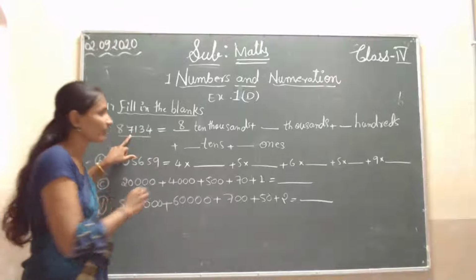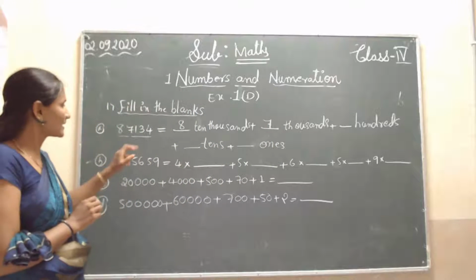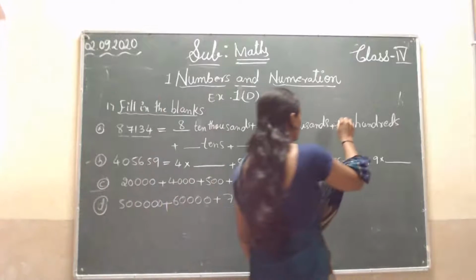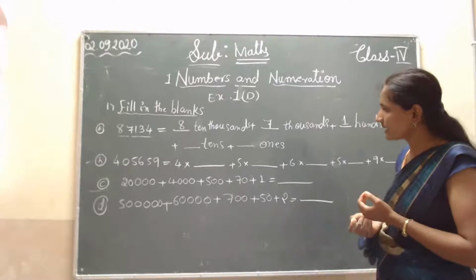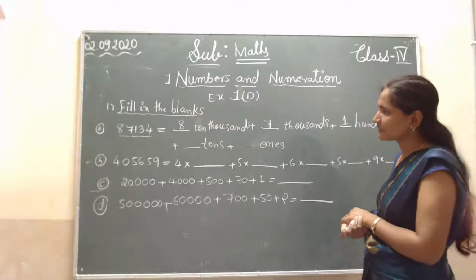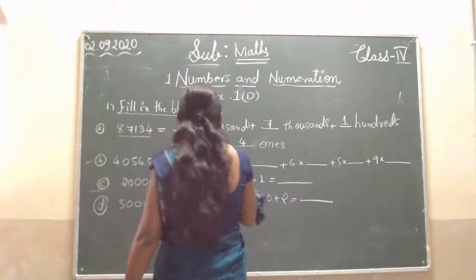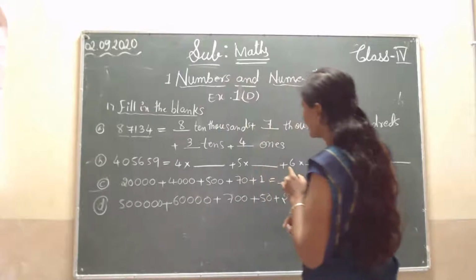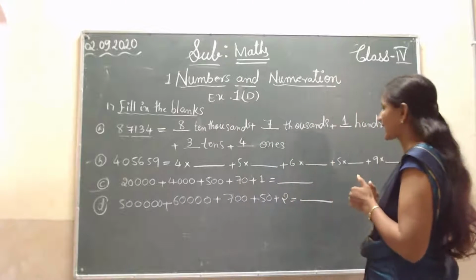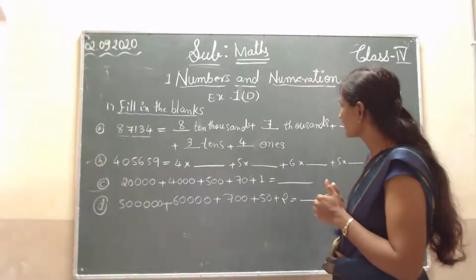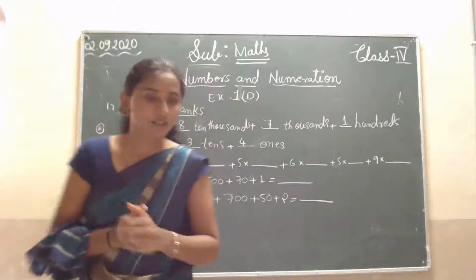Yes, it is 7. 7 is 1,000. 100 is 1. Tens is 3. Ones is 4. Students, 8 is 10,000, 7 is 1,000, 1 is 100, 3 is tens, and plus 4 is ones. So this is the value.